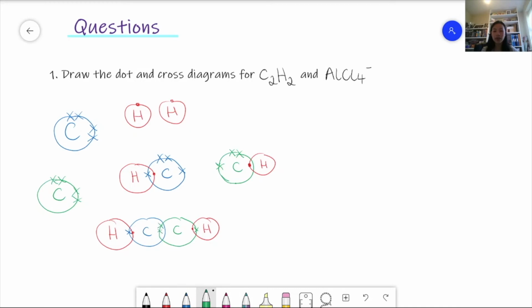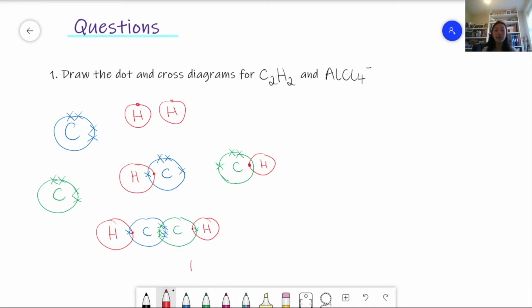So we share them between the carbons, and now we have full outer shells for every atom, because for the carbons we have 6 in the middle and then 2 here, so that'll be 8. Same for this carbon, and then the hydrogens both have 2. So the dot and cross diagram for C2H2 is this, and it turns out to be a triple bond.